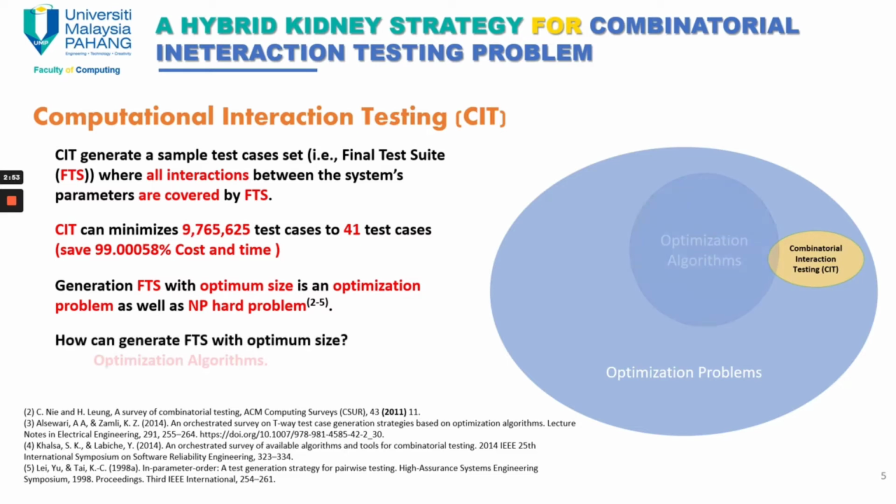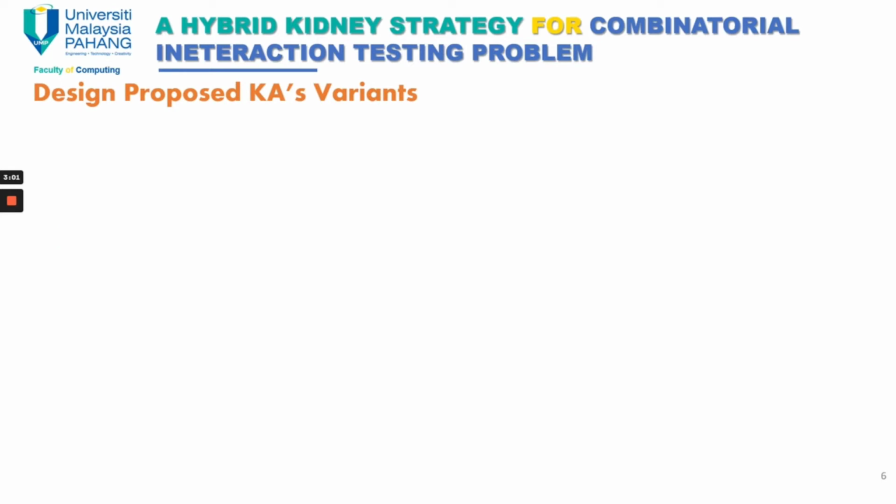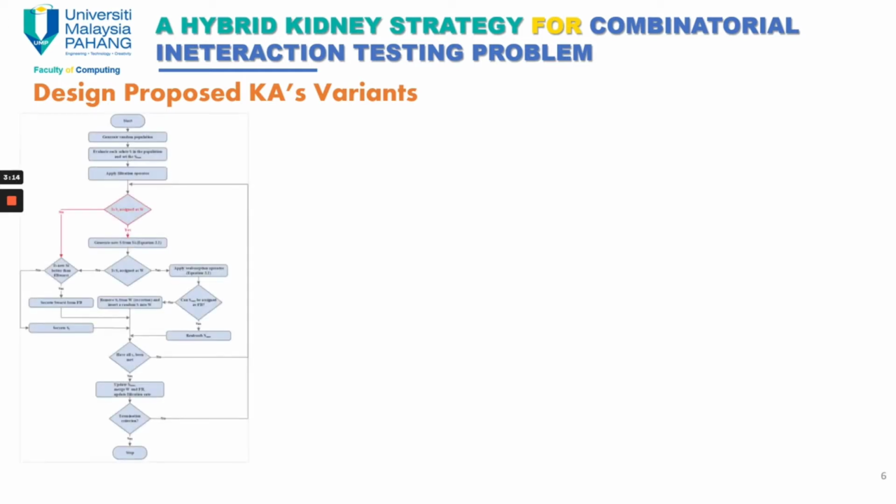Most of them are based on combinations or computational processes, but they don't support a high degree of combinations. There are also some published strategies based on hybrid algorithms. Here we propose a new hybrid algorithm based on the original kidney algorithm.